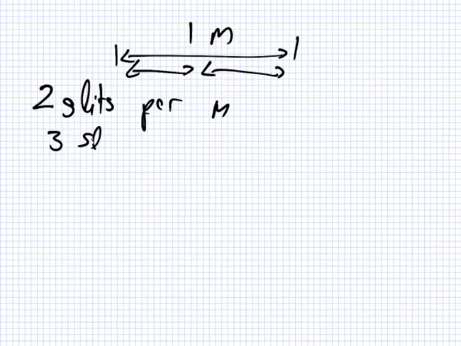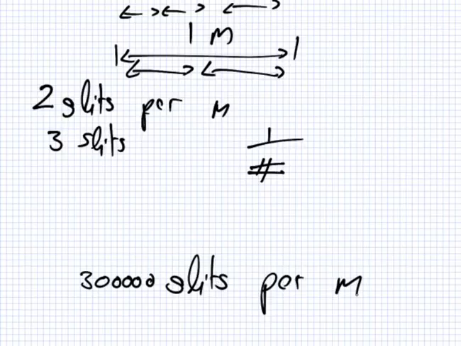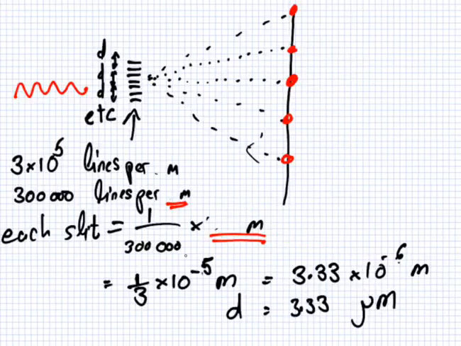Okay, this is the small d. If you look, that's the distances here. D, D, D, etc. How did you just do 1 over it? Well, think about it like this. If I go to the side, look up please for a moment, everybody. Imagine I have 1 meter and there's 2 slits per meter.